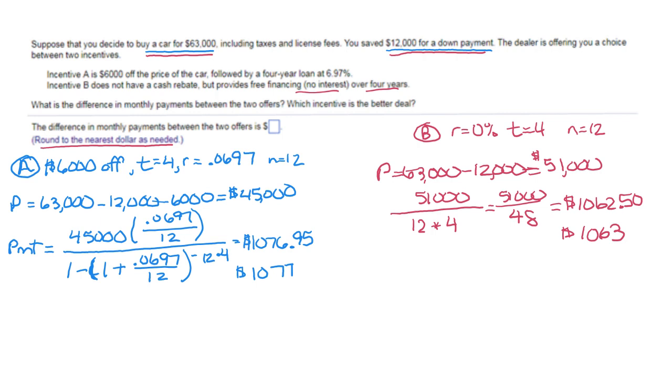All right, so the first part where it said, what is the difference in monthly payments between the two offers? So we're going to go find the difference now. We'll take the price of each one. We'll do this one here. This is $1,077. We'll bring this one over here, subtracting 1,063.